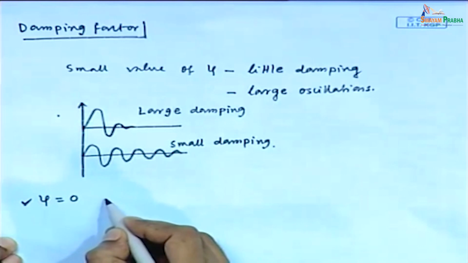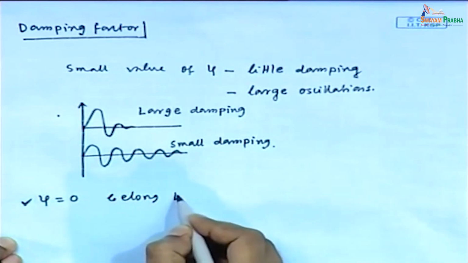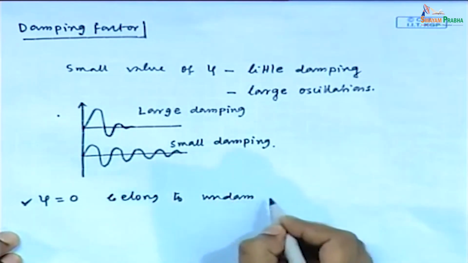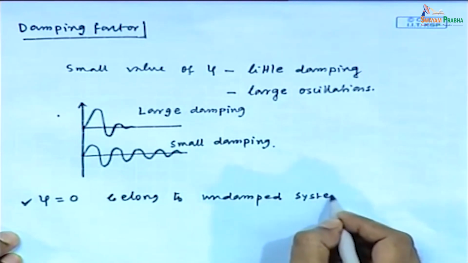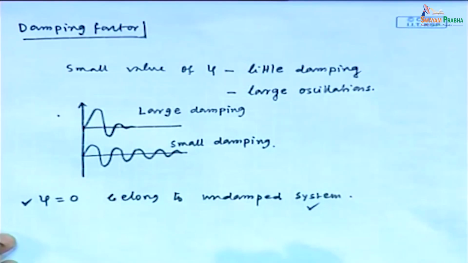So, zeta equal to 0 belongs to undamped system. For the case of undamped system, we observe oscillations with constant amplitude.